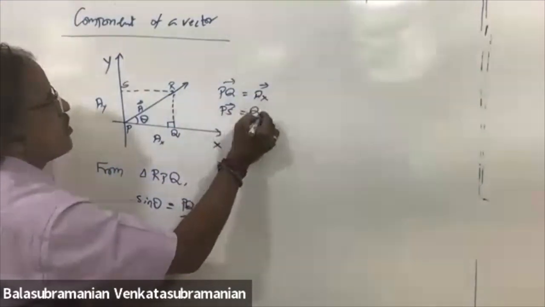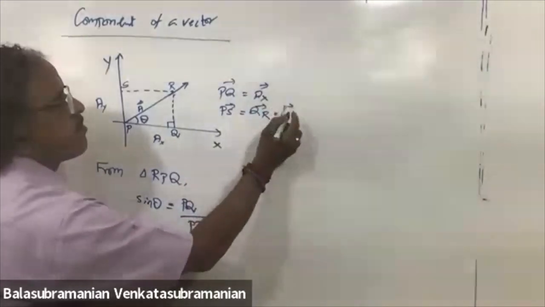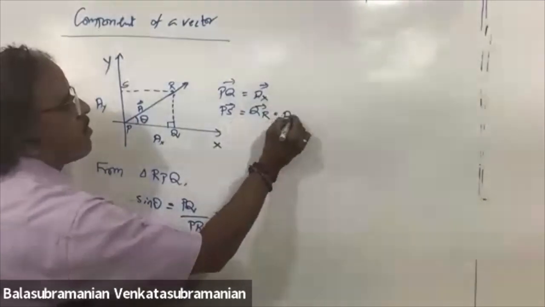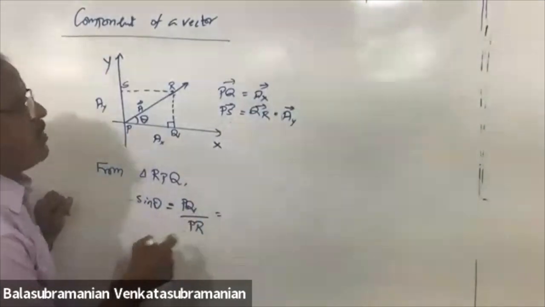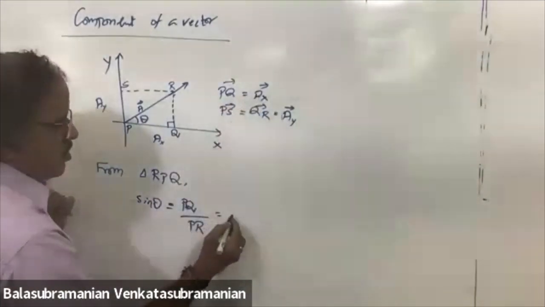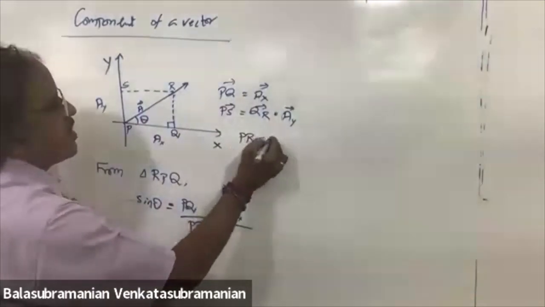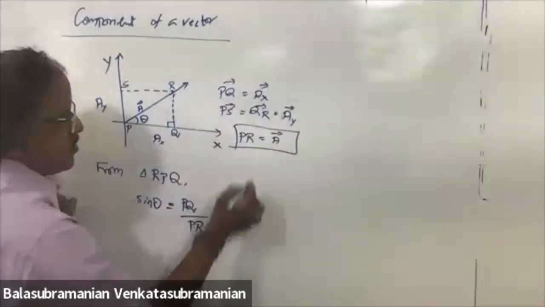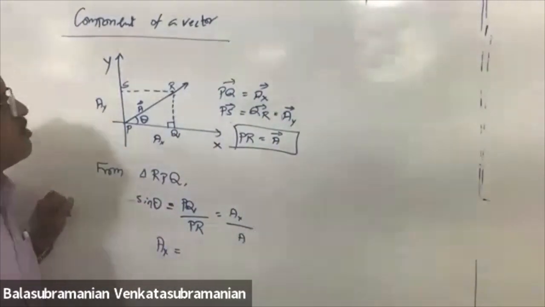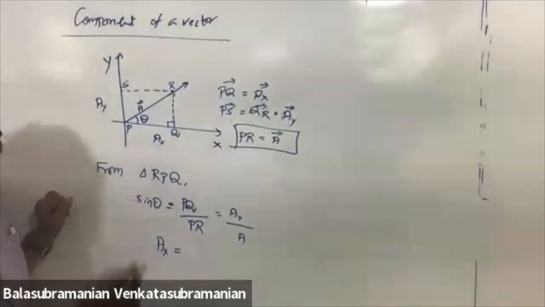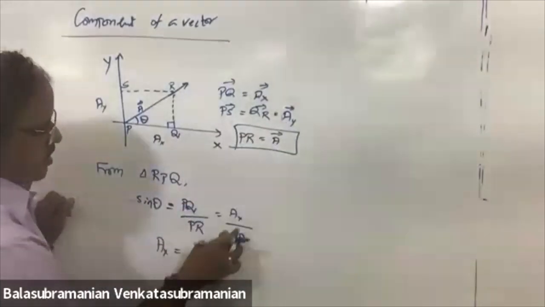PS is equal to QR is equal to AY. So PQ by PR. What is PQ? AX. PR is nothing but the vector A. So AX is equal to, QR, or rather, AY.